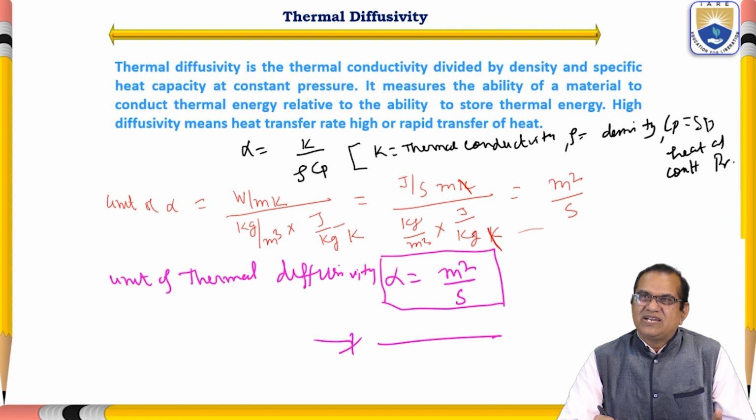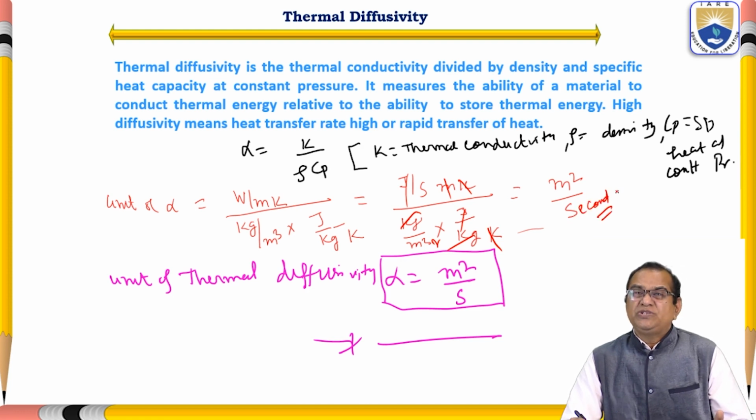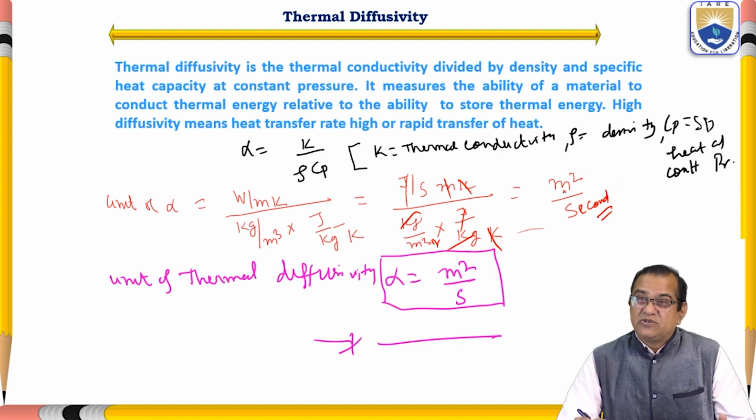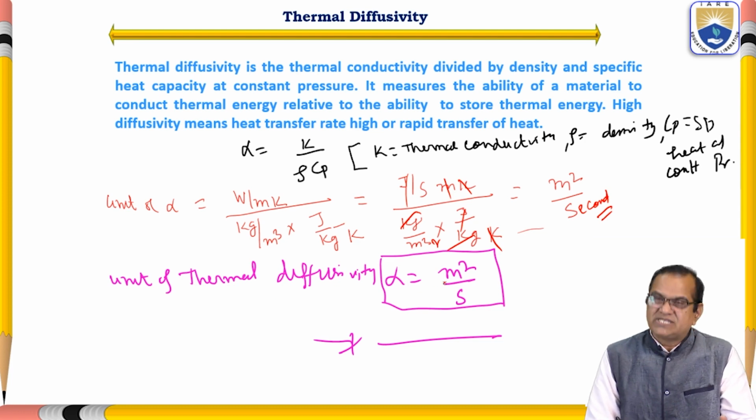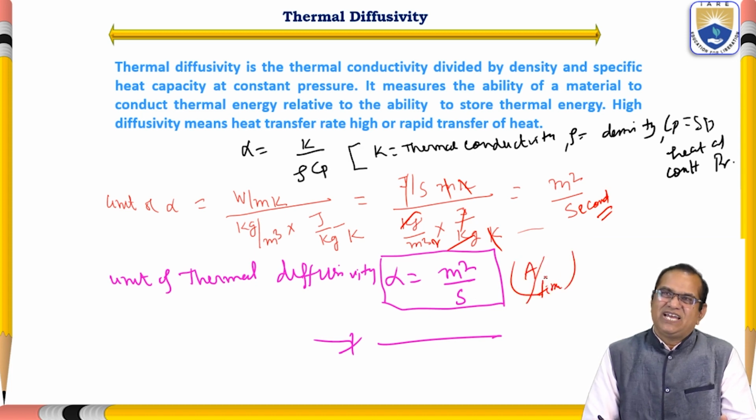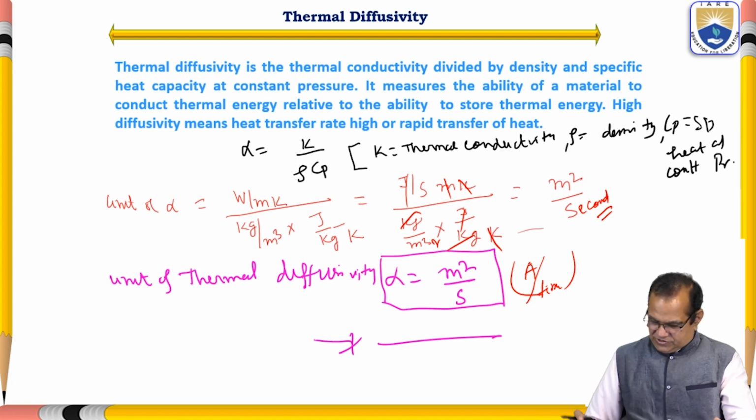Kelvin and kg cancel, joule and joule cancel, leaving meter square per second. So the unit of thermal diffusivity alpha is meter square per second, that is, area divided by time.